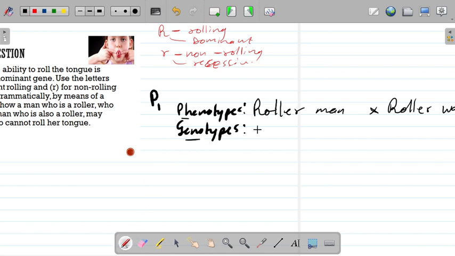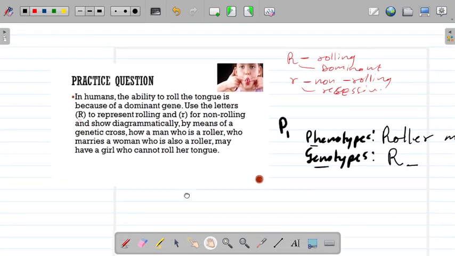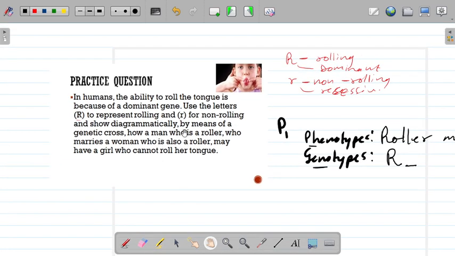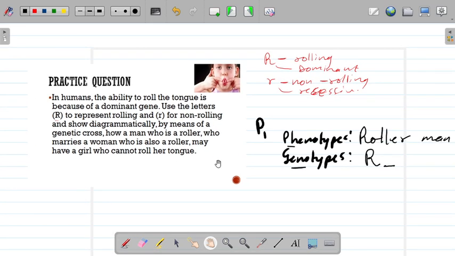Good. Now let's start. For them to be rollers, they must have the allele big R and another one at least. The woman as well must have big R and another. But how do you determine the second allele here? You look at the statement. It tells you a man who's married to a woman who is a roller may have a girl who cannot roll.